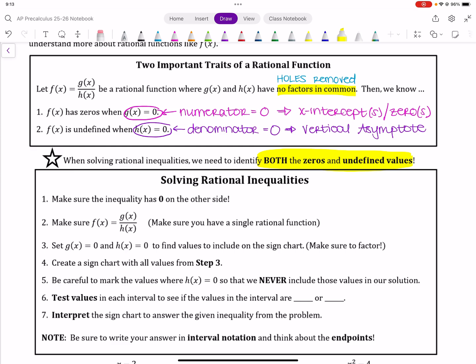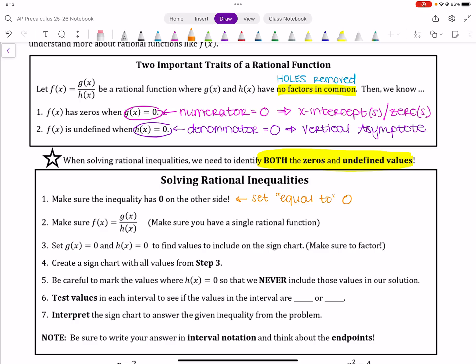So when we are solving a rational inequality, when we're solving anything, first step is always make sure it equals 0. And I put equal to in quotations because we're doing inequalities, so you're not actually going to have an equal sign, you'll have an inequality sign.